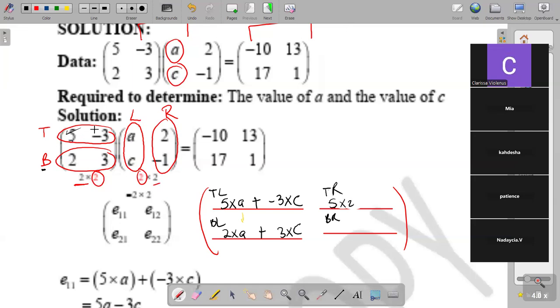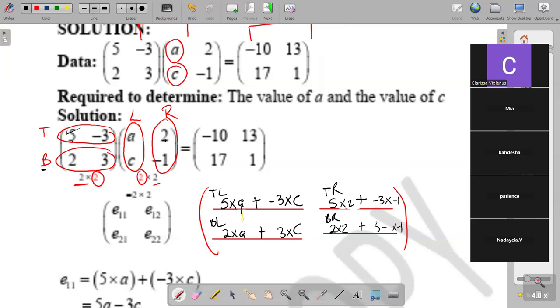The first one in the top and the first one in the right. So let's go. Plus what? What's the next combination? So we got 5 times 2 plus what? Negative 3 times negative 1. Excellent. Bottom right. Bottom right. 2 times 2. Excellent. 3 times negative 1 plus 3 times negative 1.